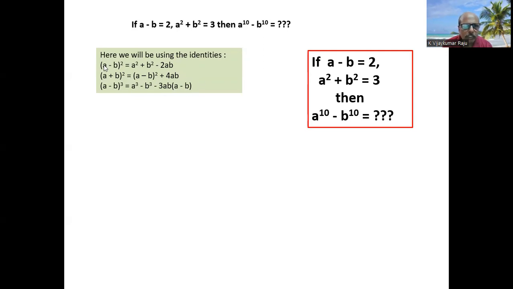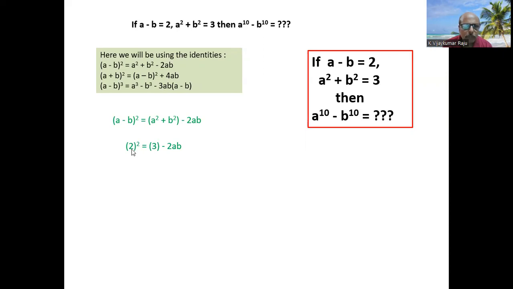So let's first begin with the first identity. Now I put a bracket here because we know this value: a raised to 2 plus b raised to 2 is 3, and a minus b we also know. So put a minus b is 2 and a square plus b square is 3.